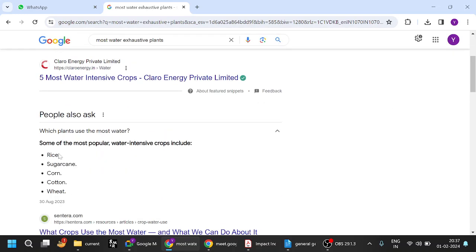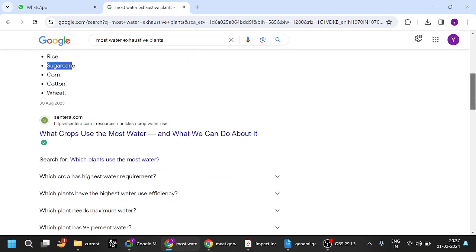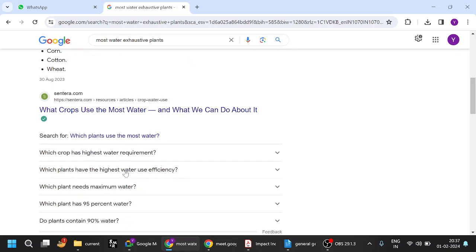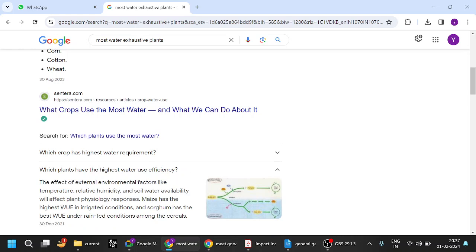That's why sugarcane also usually comes at the top. Cotton, wheat, rice, corn, sugar, etc. That's why they are asking us to go for millets, because millets don't use so much water. Which plants have the highest water use efficiency? Usually it will be millets, etc.